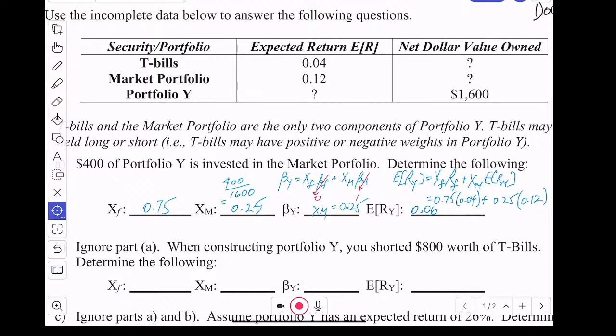So we mix together risk-free T-bills and the market portfolio to get a modest return, right? Because it's somewhere in between those, but closer to the T-bills because we invested more in T-bills with a lower risk than the market portfolio.